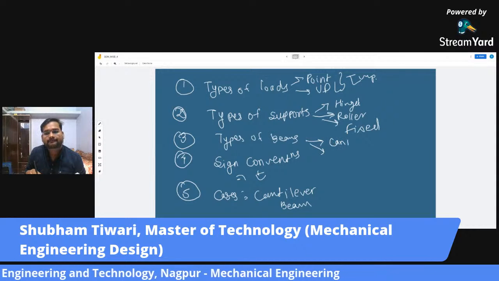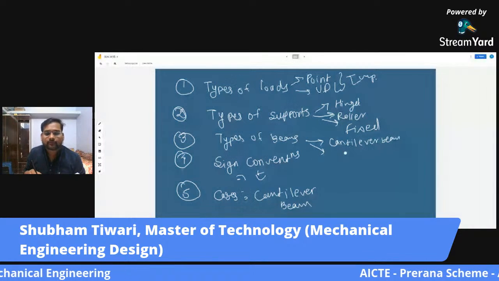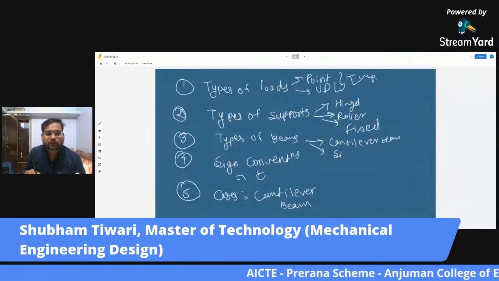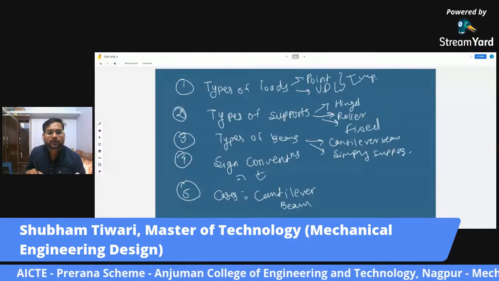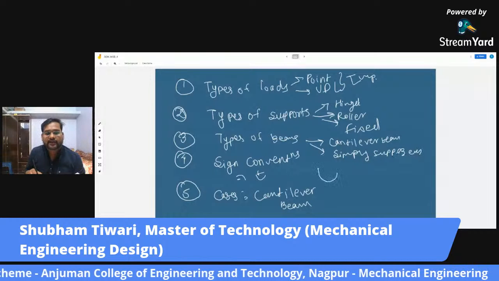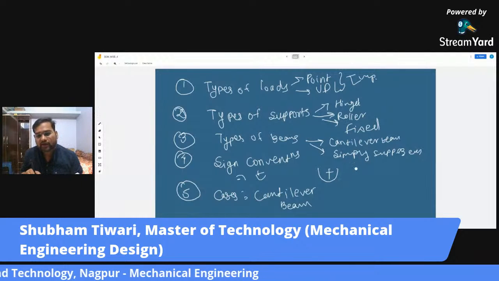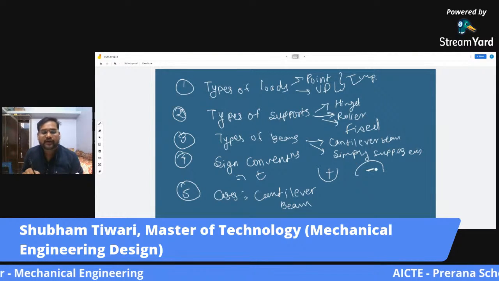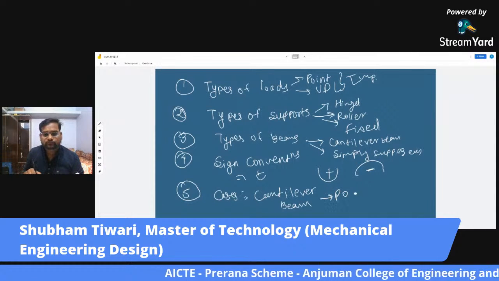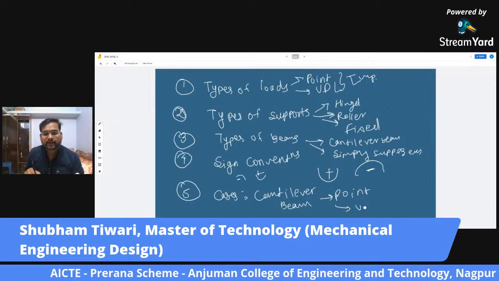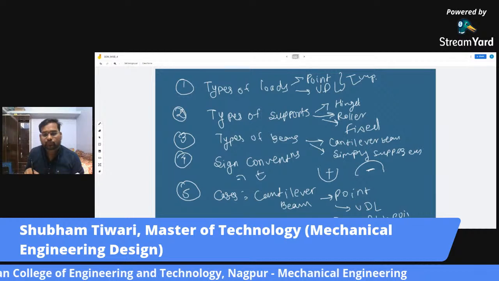One is cantilever beam, the other one is simply supported beam. Sign convention, I told you for sagging, it is positive. The bending moment diagram will go in the positive direction, and for hogging, it is negative. Cantilever beam, there were three cases: point load, UDL, UDL plus point load.